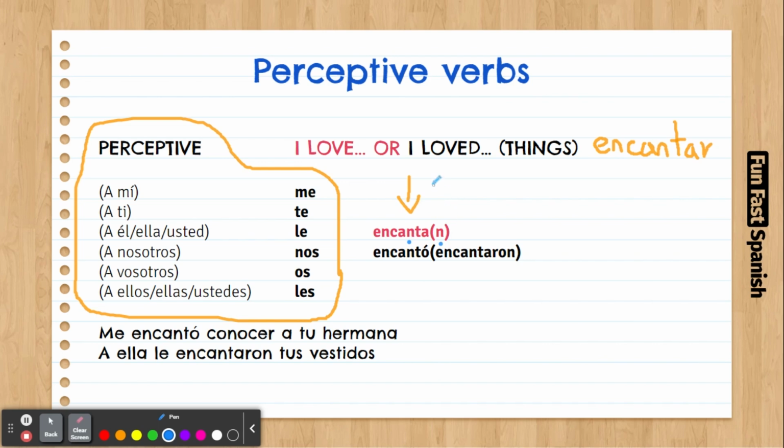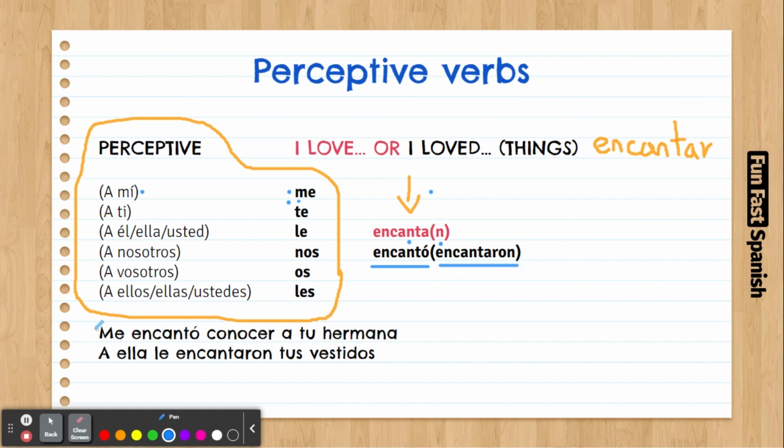If I want to say I love you, not as feelings, but I love how you are, kind of, you can say a mí me encantas. Me encantas. It's like I like you so much. And if we want to do past tense, that would be a mí me encantó or a mí me encantaron.